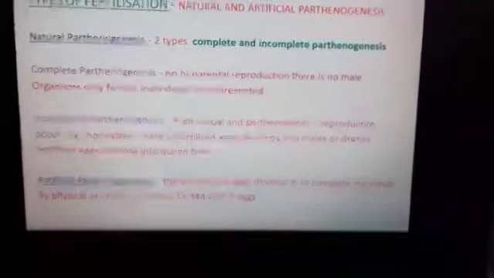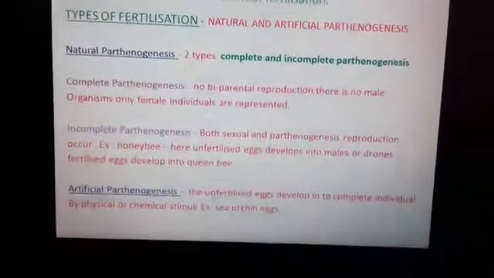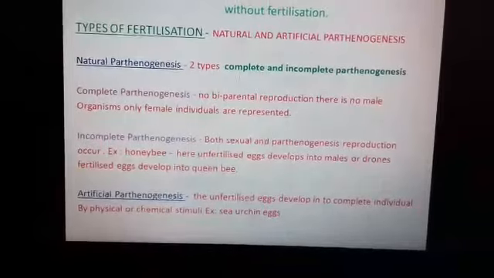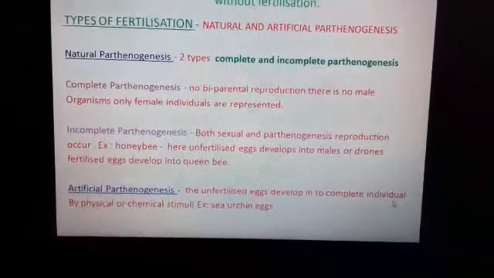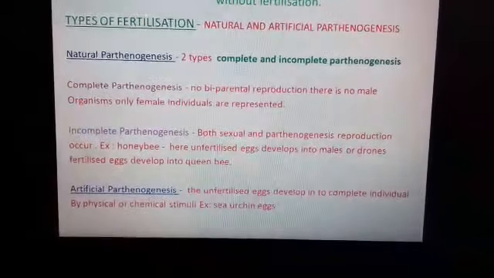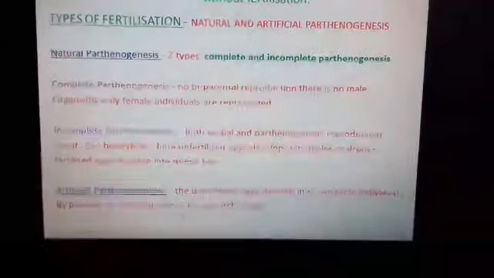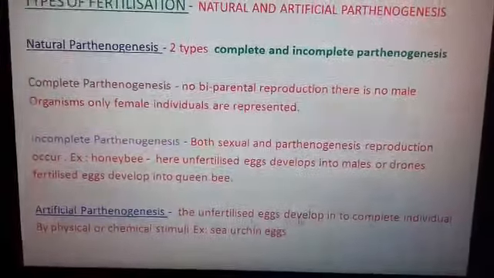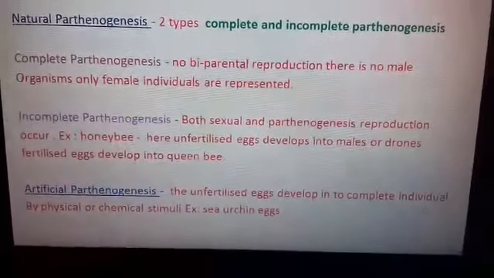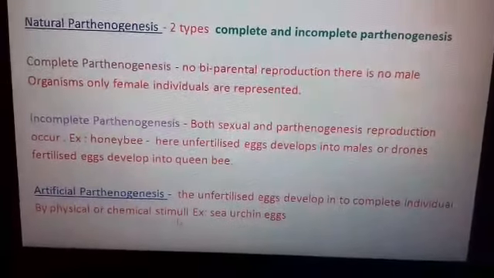And let us see the artificial parthenogenesis. The unfertilized eggs develop into a complete individual with a physical or chemical stimulus. Stimuli means some unfertilized eggs develop into a complete individual by physical or chemical stimuli.